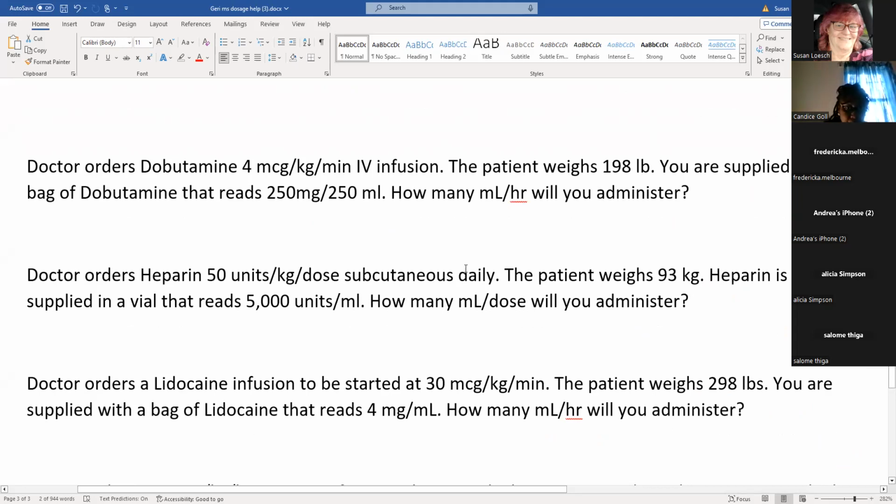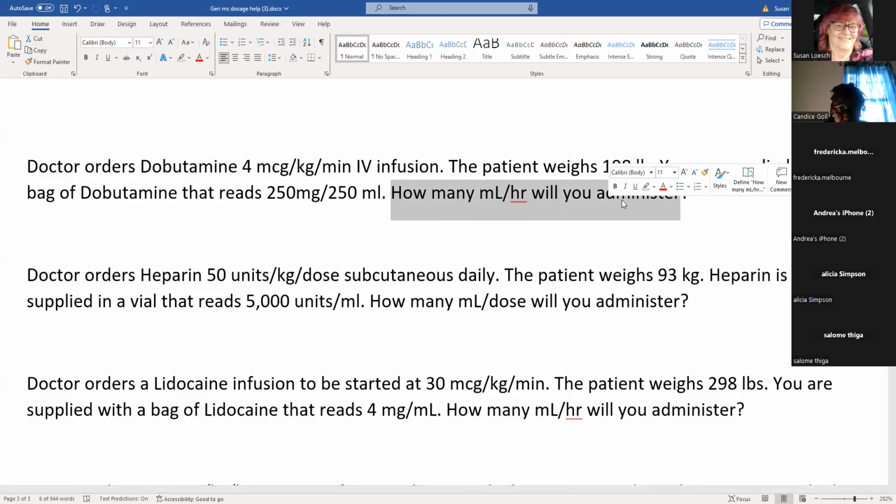Doing the dopamine one. So what's the formula for this? Don't everybody speak up at once. mLs per hour. What's the formula?